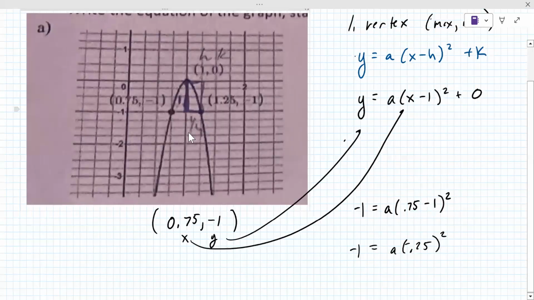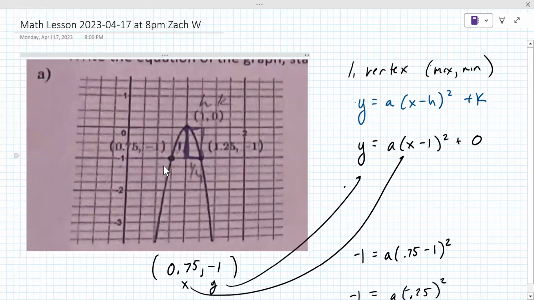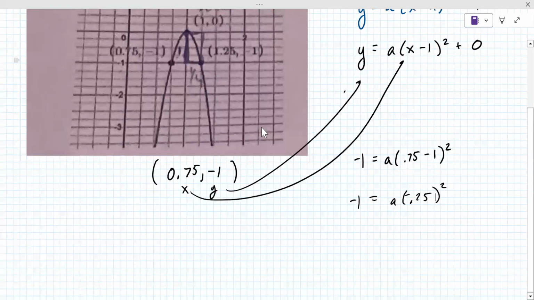I'm not sure how else you're supposed to know how to use this information here. Is this for the check? The check is like, does the equation also give you the same transformation as the original?